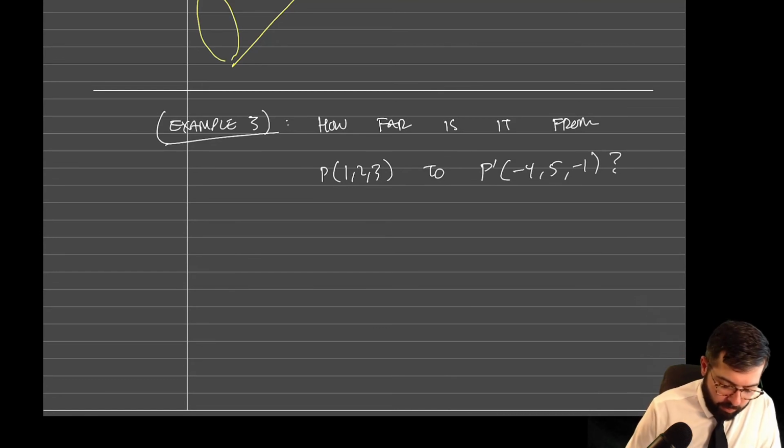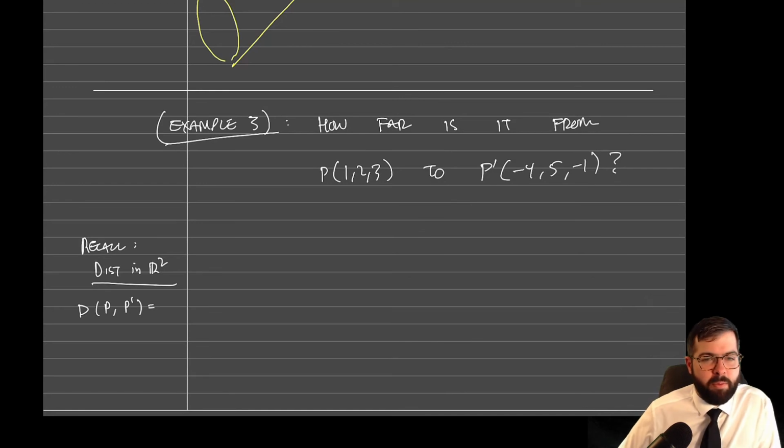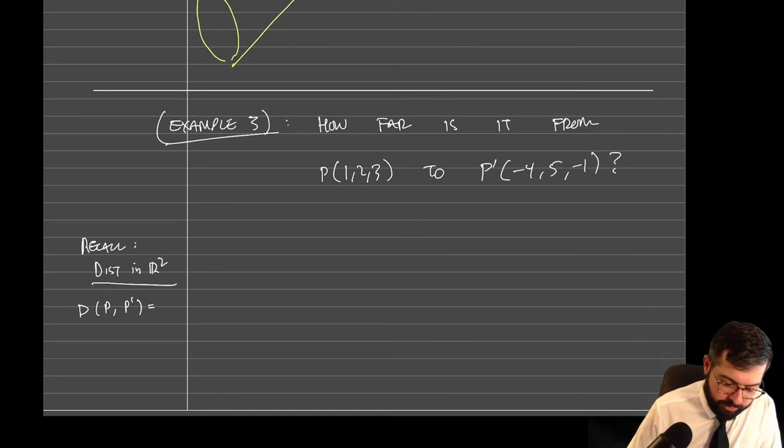It might be worth recalling distance in R2. So, the distance between 2 points P and P prime. How do we find the distance between 2 points in R2?